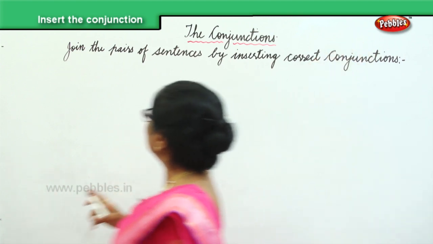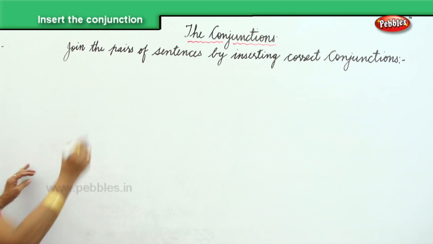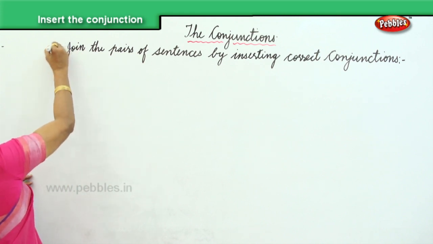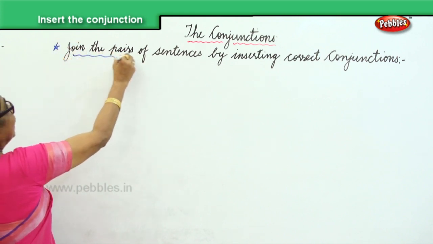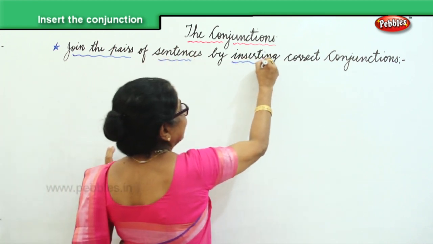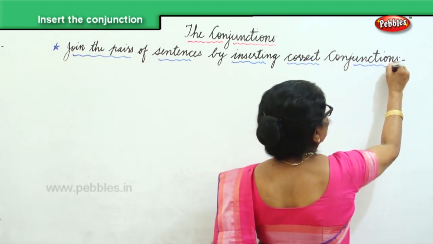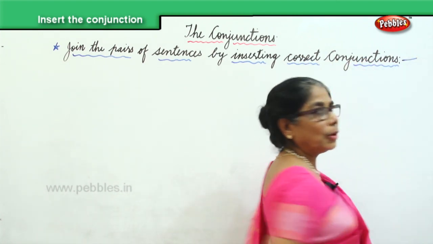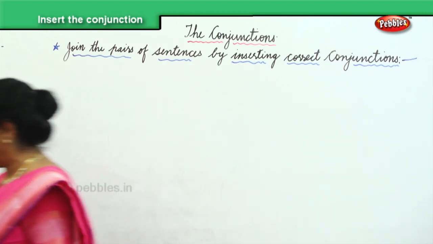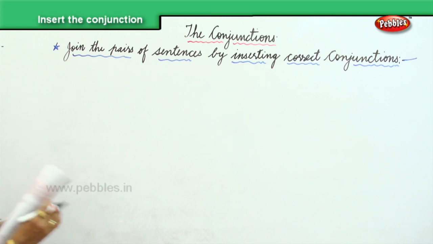Join the pairs. So first we are going to join the pairs of sentences by inserting correct conjunctions. And that's what we are going to do in these sentences. I'll give the sentences, then you insert. Okay.